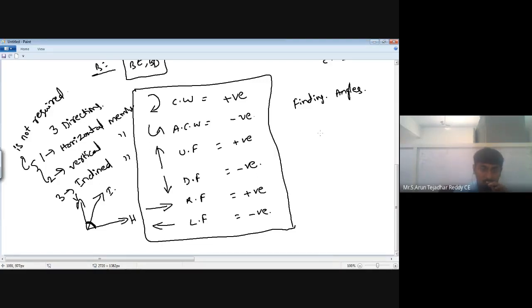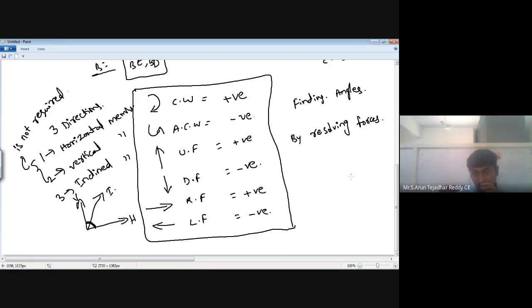And how to solve these inclined members? That you have already studied in your first year: by resolving the forces. I think you already know how to resolve the forces.